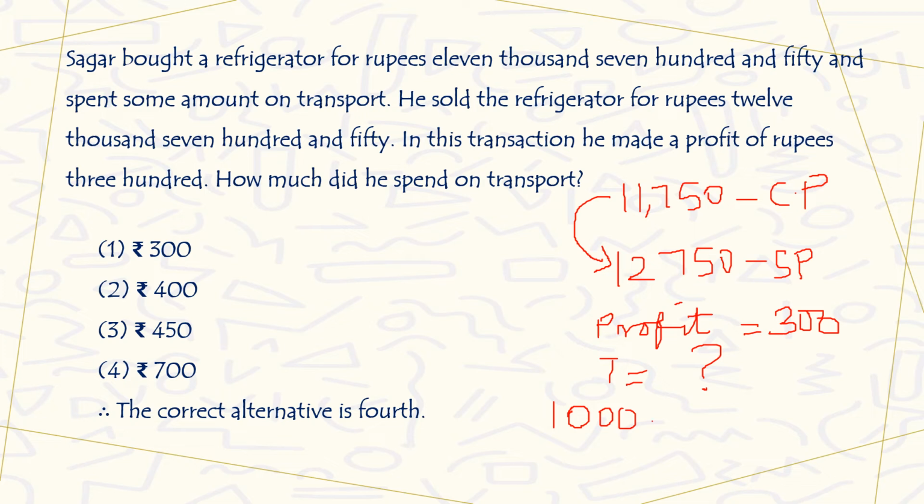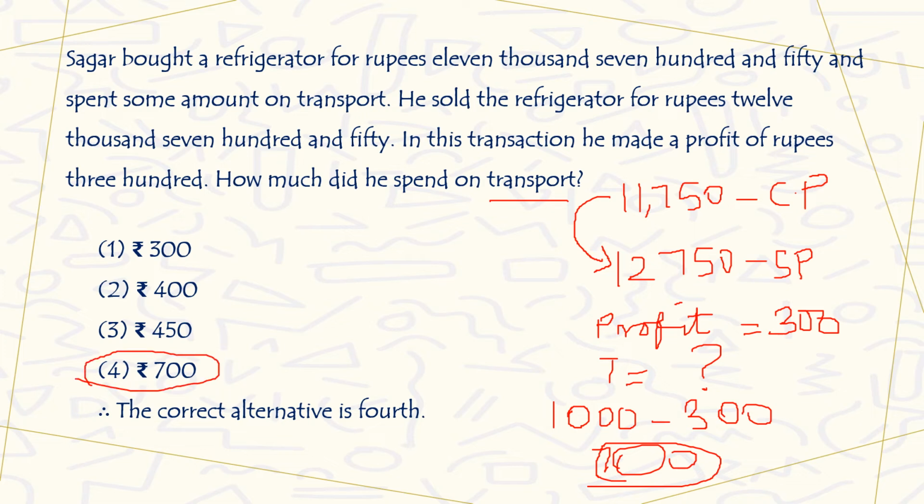But we should also remember that he had also put some amount in transportation. It is saying that after selling it, he got a profit of rupees 300. So you have to subtract 300 rupees from this 1,000. So it is 700 rupees. So the total amount that he spent on transportation was rupees 700. I hope this is clear to everybody.